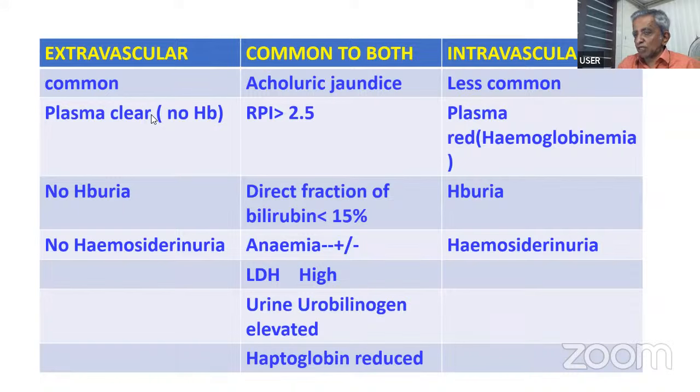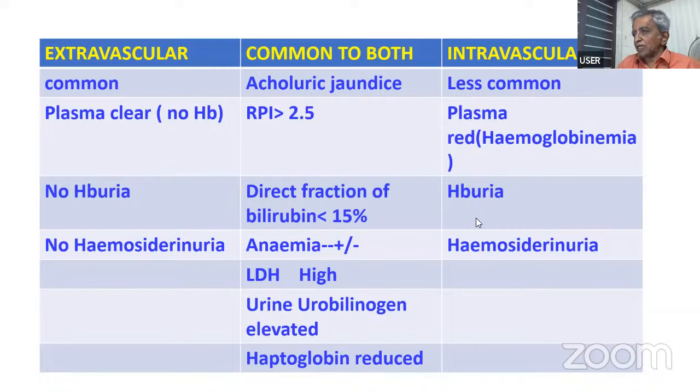So extravascular hemolysis will be characterized by clear plasma. There will not be any hemoglobinemia and therefore no hemoglobinuria in the urine. And hemoglobinuria will lead to hemosiderinuria. Therefore, there will not be any hemosiderinuria in extravascular hemolysis.